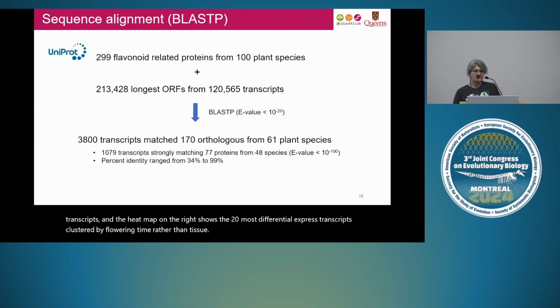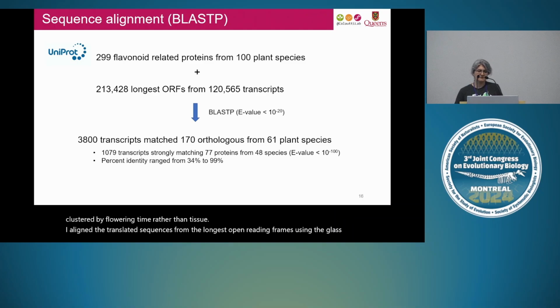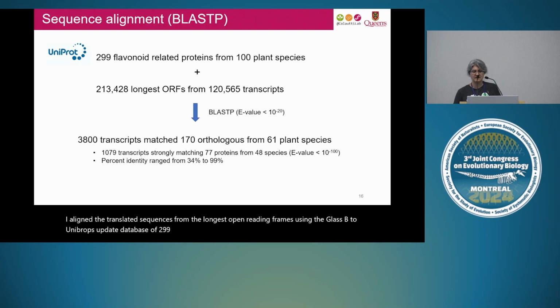I aligned the translated sequences from the longest open reading frames using BLAST-P to a UniProt subset database of 299 orthologs from 100 plant species, consisting of proteins related to the flavonoid metabolic pathways.